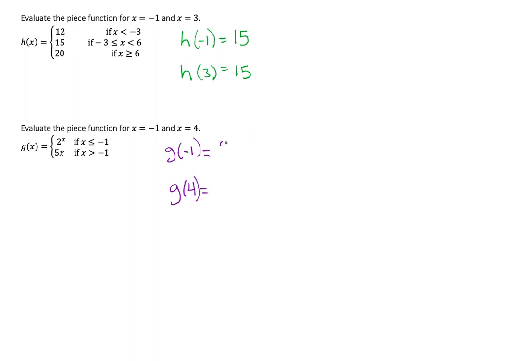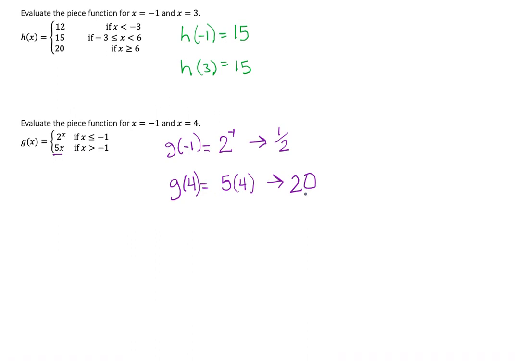So I'm going to use 2 to the power of -1, which is 1/2. g of 4, well, 4 is greater than -1, so I'm going to use this rule, which is 5 times x, or 5 times 4, which is 20. So in this case, g of -1 was 1/2, and g of 4 was 20.